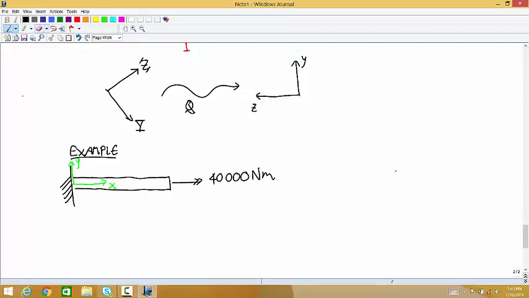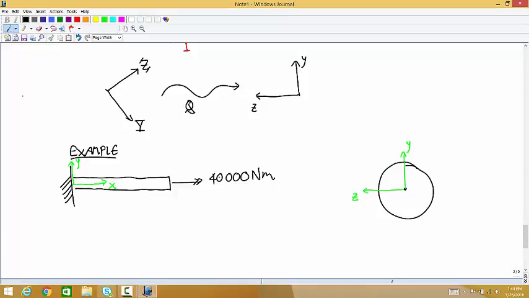A cross-section has the y-axis up, the z-axis that way. So this is what the cross-section would look like if we're looking into that 40,000 Newton meter torque. Okay, we're on the right side of this looking down the axis.